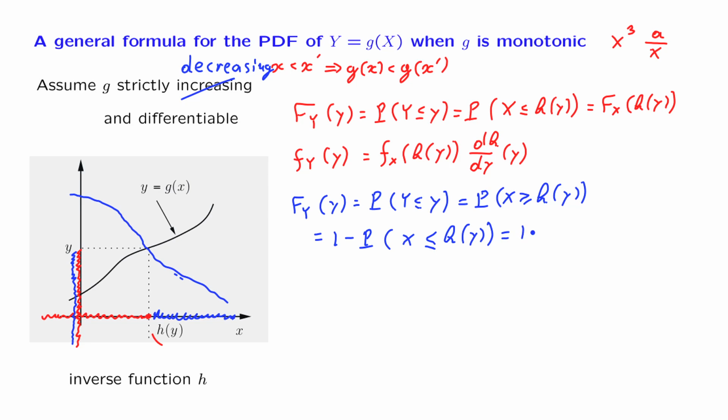And so this is 1 minus the CDF of x evaluated at h of y. Now we take derivatives of both sides and we find the PDF of y being equal to, there's a minus sign here, then the derivative of the CDF, which is the PDF, and finally the derivative of the function h.